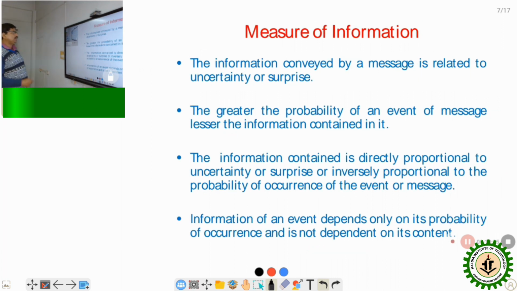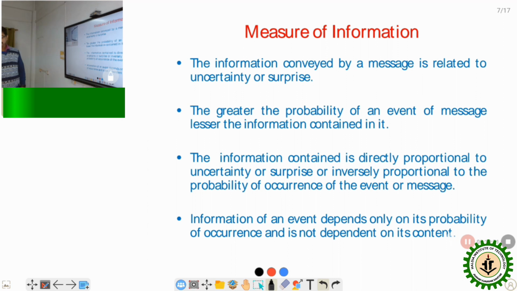The information conveyed by a message is related to uncertainty or surprise. The greater the probability of an event, the less information it contains. Suppose I say the sun is rising in the east, here the probability is maximum, 1.